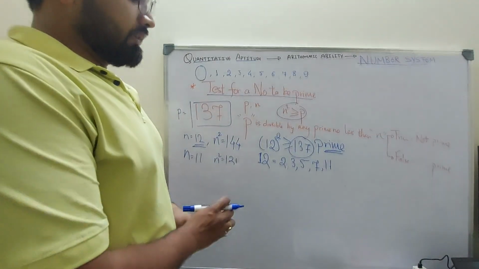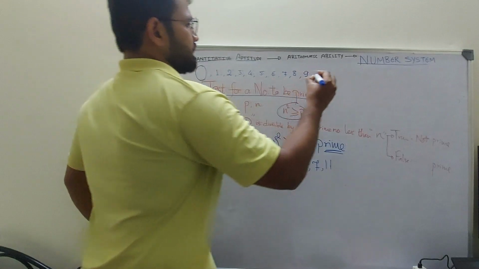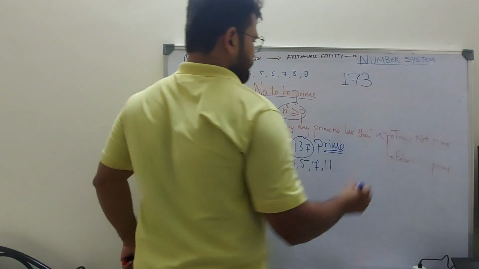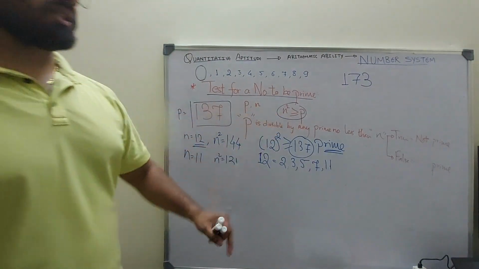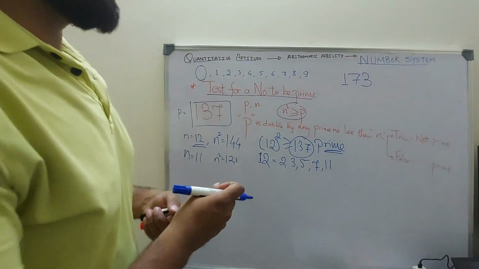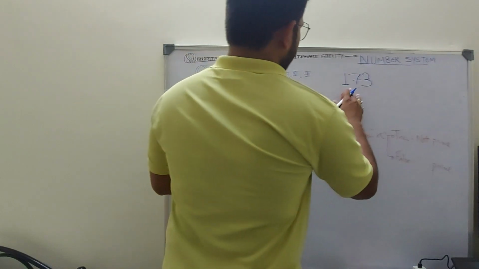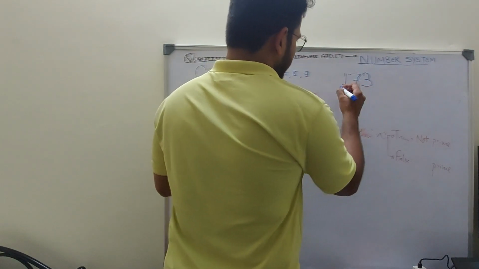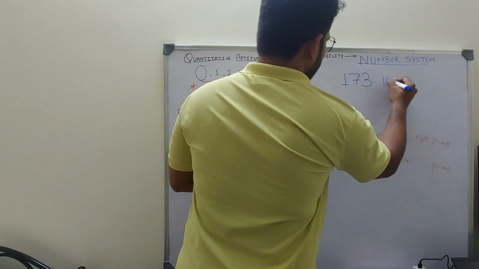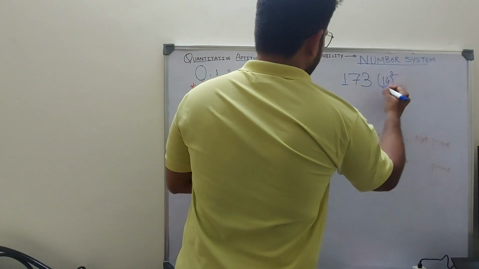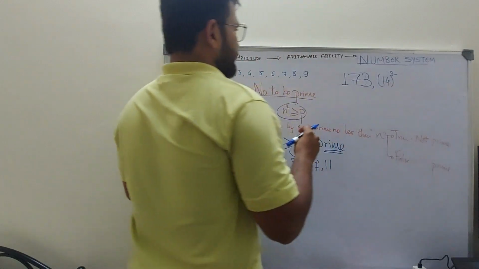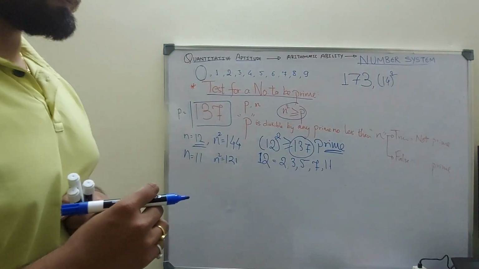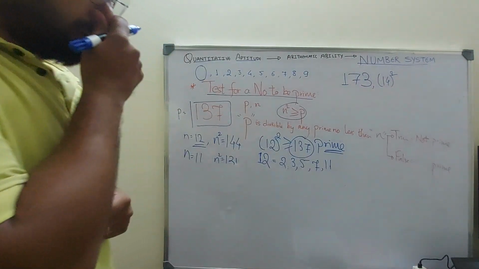We'll take one more example, that is 173. For this you should remember the squares. It will be helpful for you. So I will take the least value of n such that its square is greater than 173. So 14 I am taking, because if we take 14 as n, then 14 square is, what is the square of 14, guys?